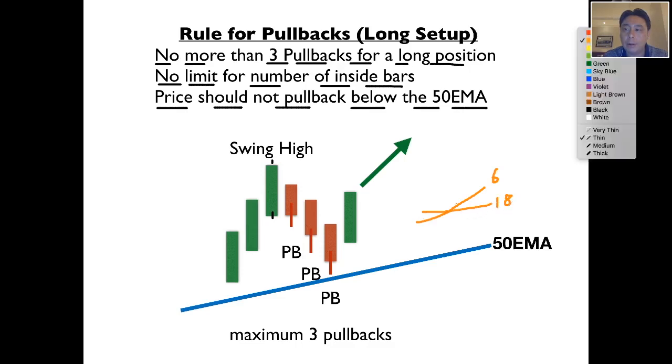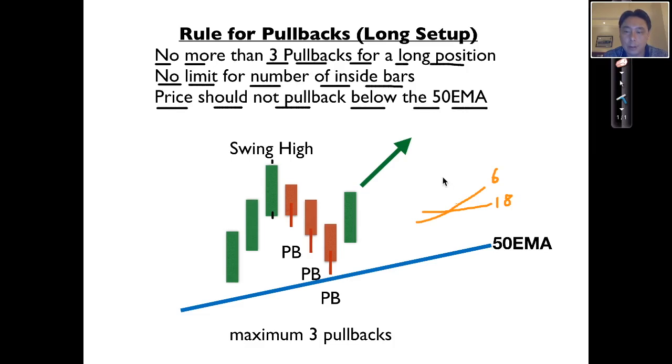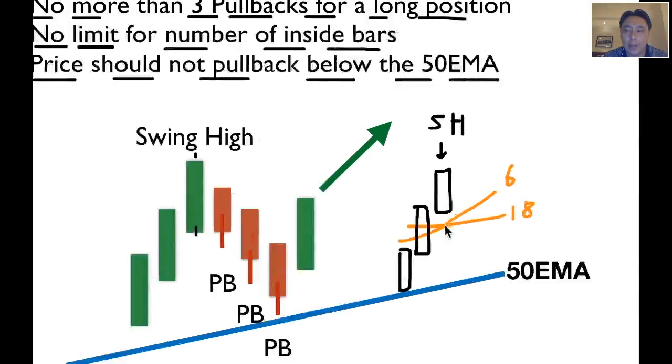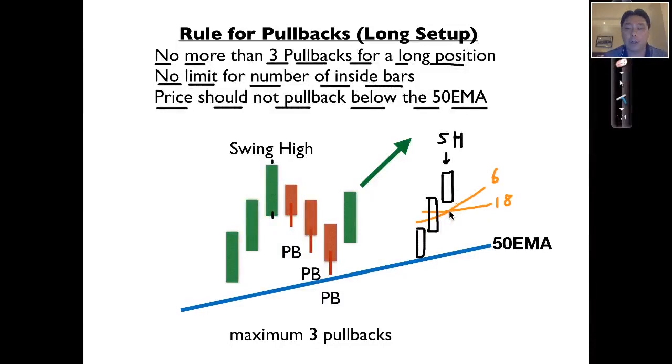There we go, and say this is the swing high candle. All right, so that's your swing high. Okay, is that a valid swing high candle? Yes, it is, because it comes right at the cross, or again, it could be right after the cross.